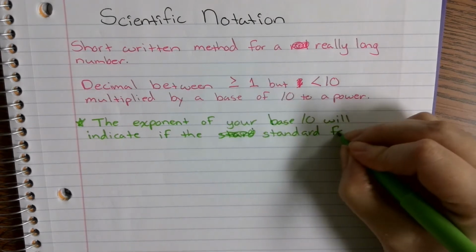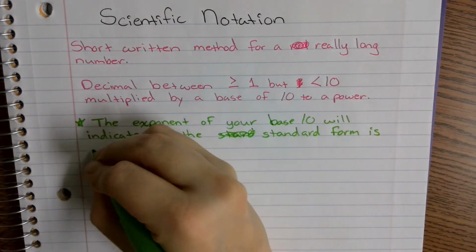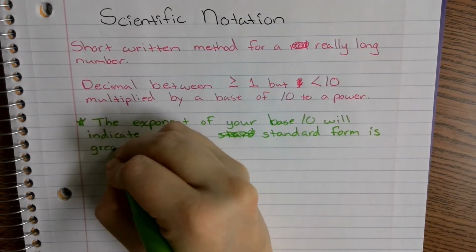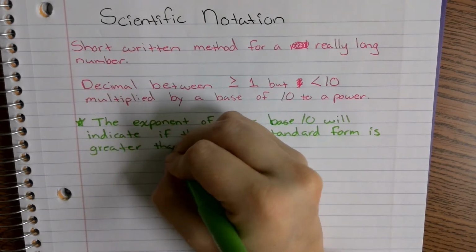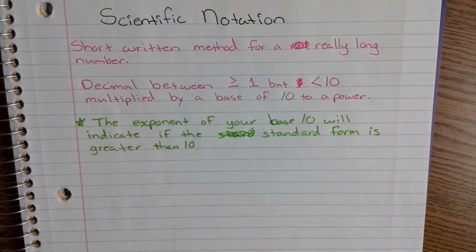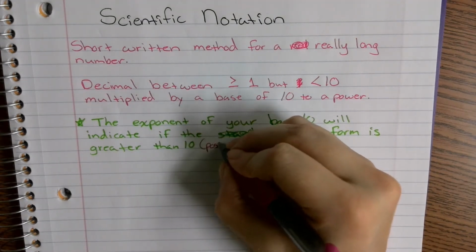If your standard form is greater than 10, then that means it's a positive exponent.